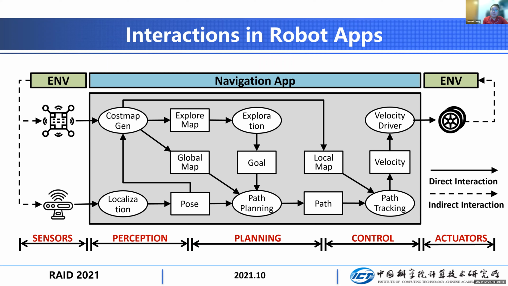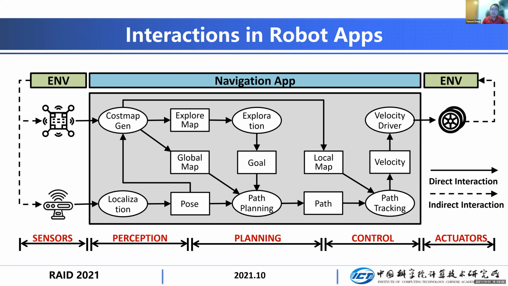For instance, some nodes inside the control node are not connected to the nodes in the perception module directly. However, the control node is able to affect the environment, and then the environment will further affect the functions of the nodes in the perception module. So this is the indirect interaction through the environment.